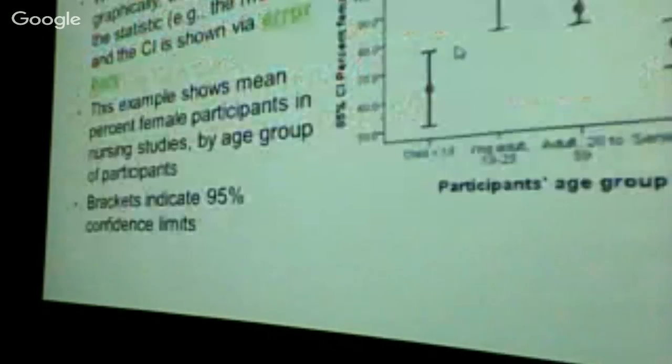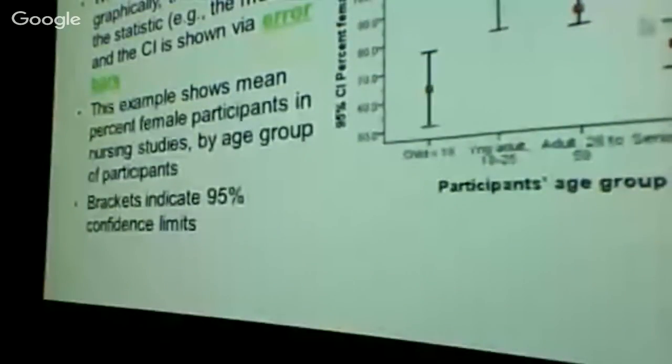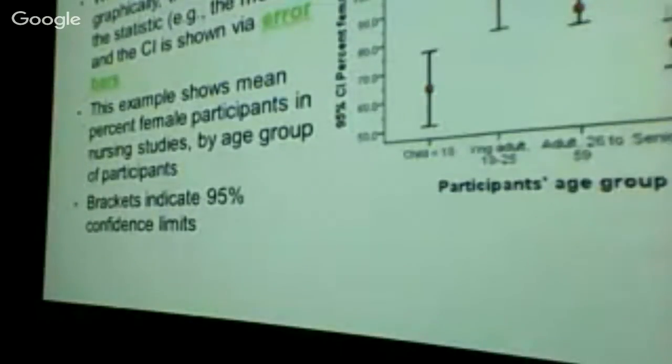So here's an example. These are confidence intervals of what? These are the percent female participants in nursing studies by age group. This is a typical way of representing data in studies, and this allows us to say, here's one group, another group, another group, and these are the 95% confidence intervals. I can now draw a line to see if there is a value that overlaps all of them.